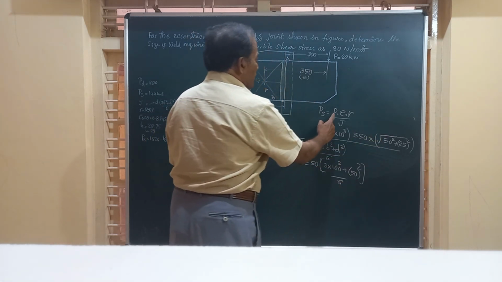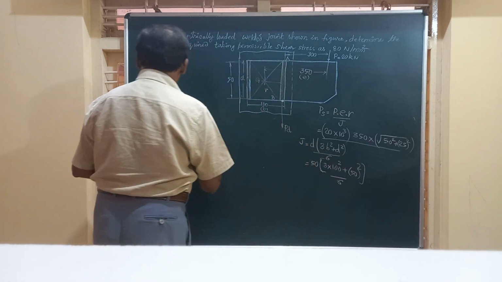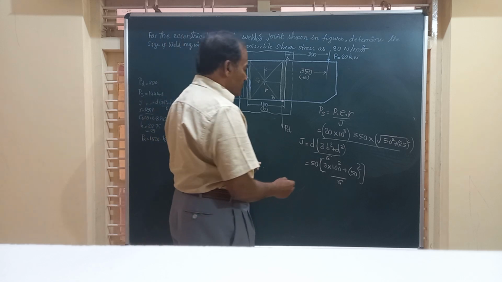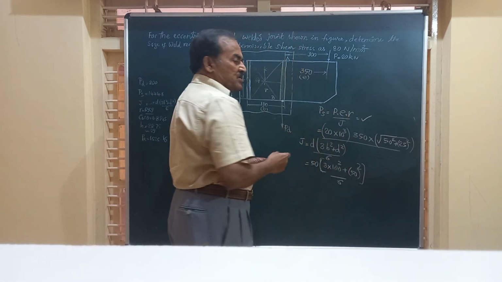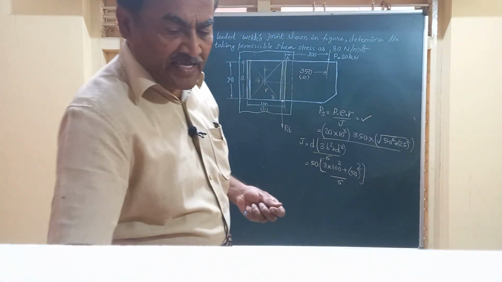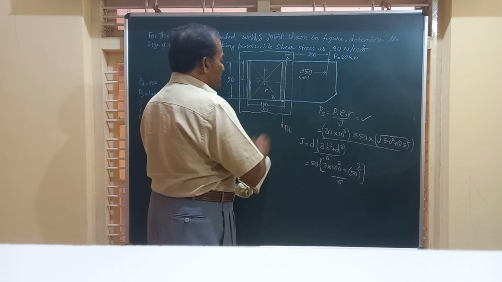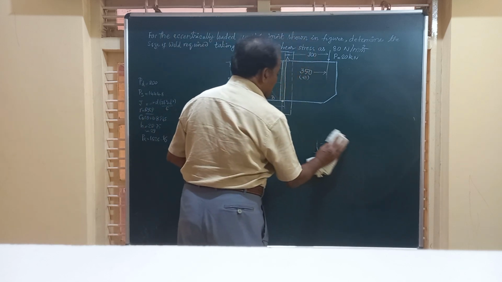And friends, you know P, E, R and J. The value of this R here is equal to 55.9. So friends, you will be able to find out the value of PS, the secondary load acting at the point B because of eccentricity. So we have this value of PS.